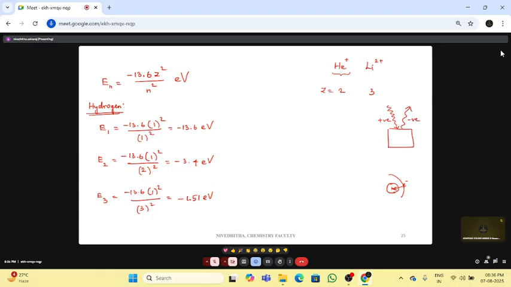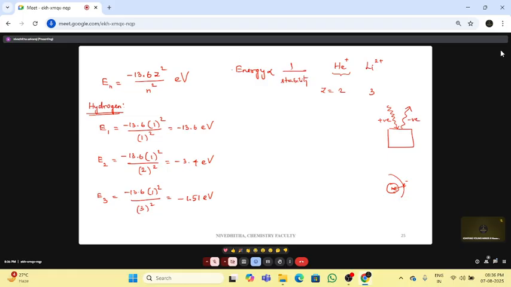The negative values keep on decreasing. So if the n value increases, if the electron is moving away from the nucleus, the energy of the electron will get increased. And we know energy and stability are inversely proportional.